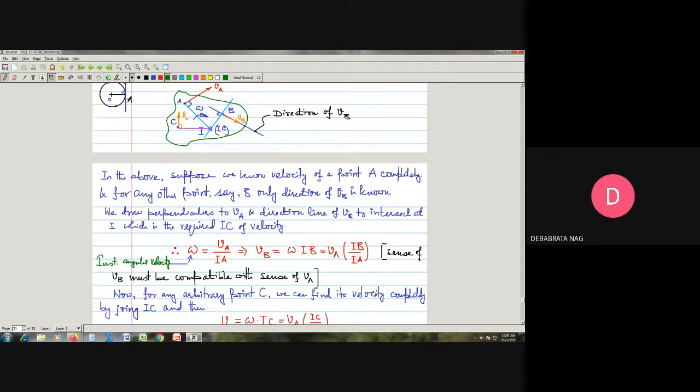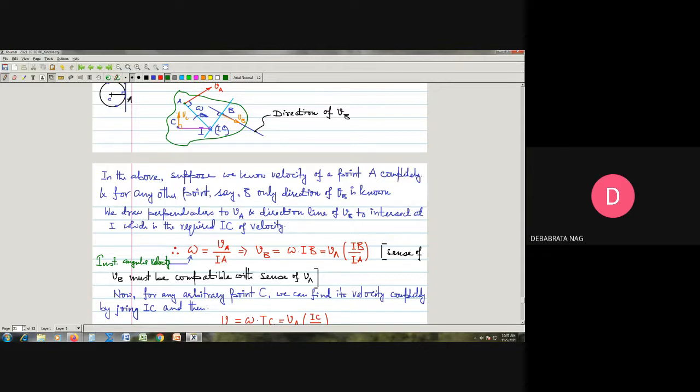So how can we do it? Now it is simple. Since we know the location of C, and since we have already located the instantaneous center and found the sense of angular velocity, I join IC, and then I draw a line perpendicular to this IC. That line will be the direction of the velocity for point C, and its sense will be commensurate with the sense of angular motion of this body.